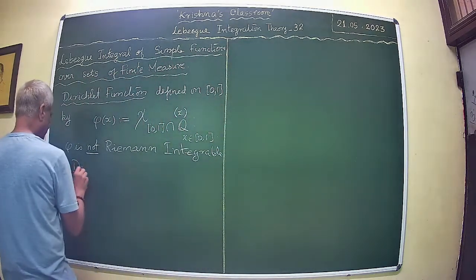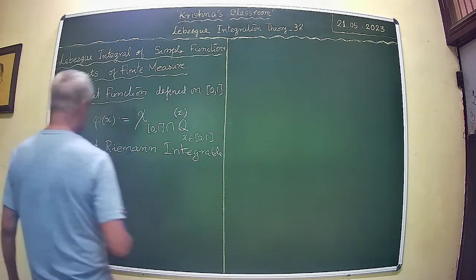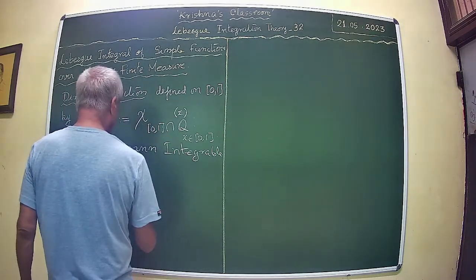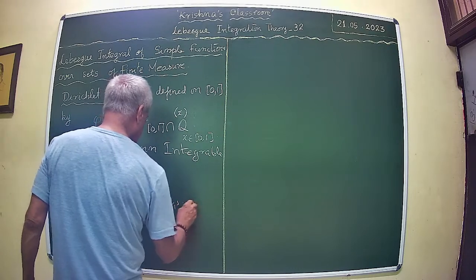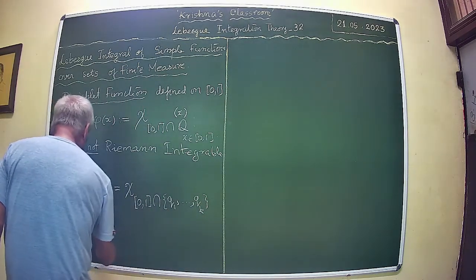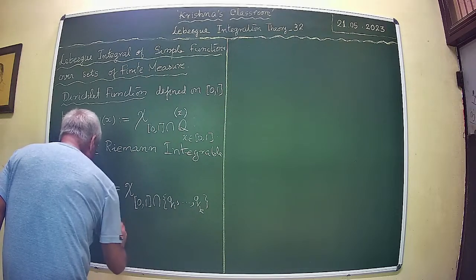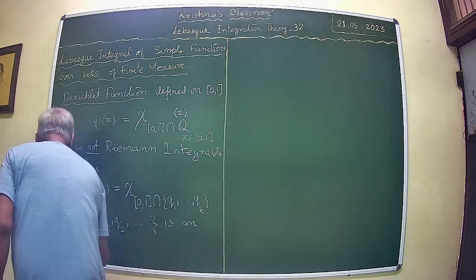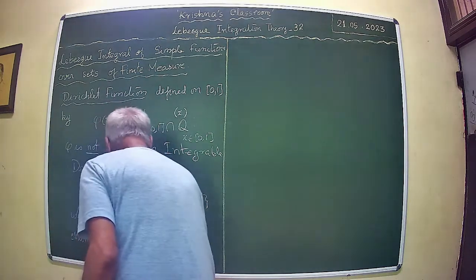So define the characteristic function of Q1, Q2, and so on, where the countable collection Q1, Q2, ... is an enumeration of all rational points on 0, 1.